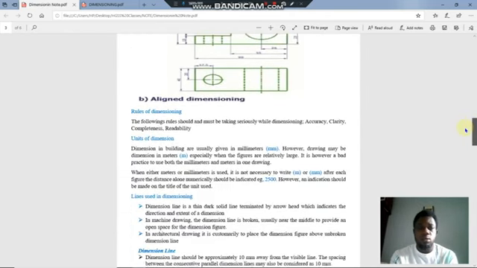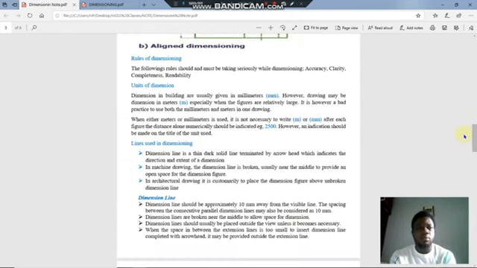Okay, let's look at rules of dimensioning. The following rules should and must be taken seriously while dimensioning: accuracy, clarity, completeness, and readability. In your first term, when we treated the topic on lettering, we talked about the same rules of lettering.